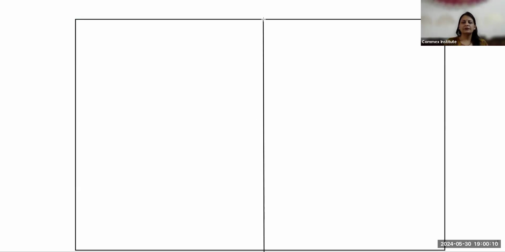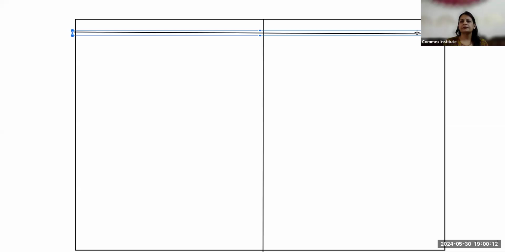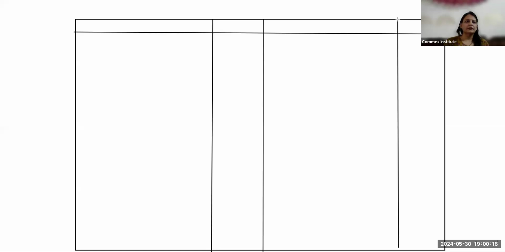We have the balance sheet. Balance sheet as at. And here we have the liabilities and the assets. Amount in rupees, amount in rupees.